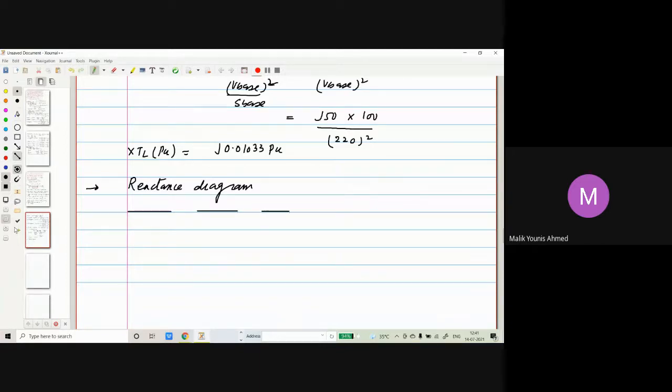Transformer number 1, transmission line, transformer number 2, and then we have the motor, its reactance and voltage source, and the generator, its reactance and voltage source. So this is your reactance.